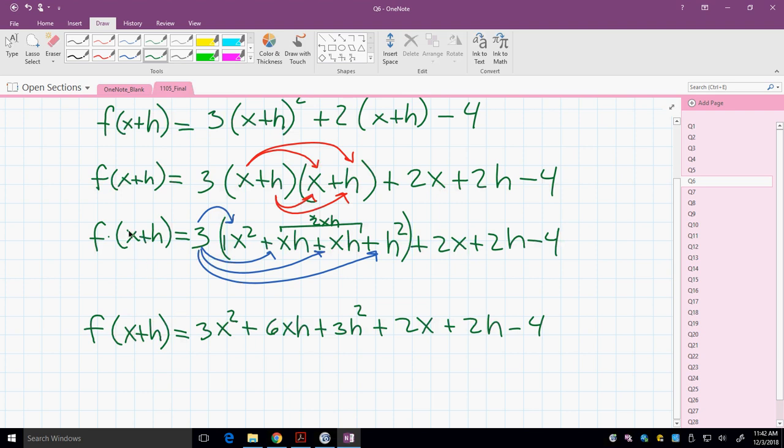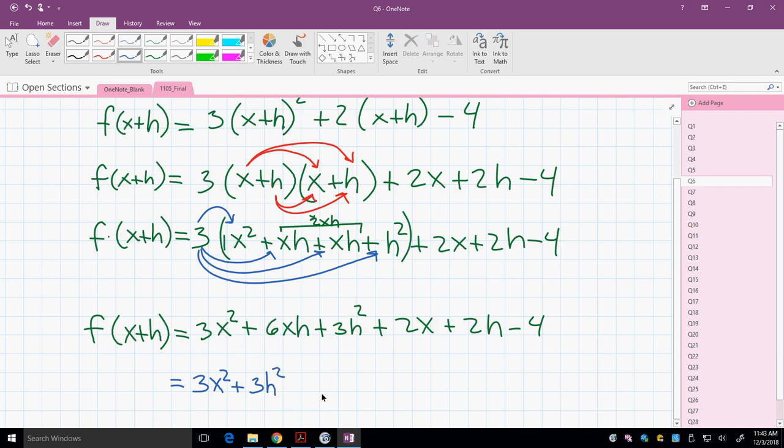Now I'm going to look for like terms. So x squared is the only one, nothing to combine with. So I'm just going to rewrite it. The xh term is only 1, but I have 3h squared, and I'm going to write all my higher exponents first, in descending order.